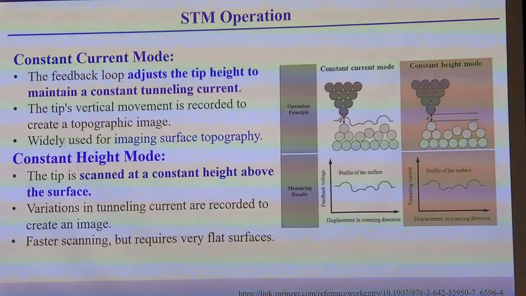In the first case, the tip's vertical movement is recorded to create a topographic image, used for imaging surface topography. In the second case, you record the variation in tunneling current to create an image, which is very useful to understand the electronic property of your sample. So these are the two standard modes for STM operation.